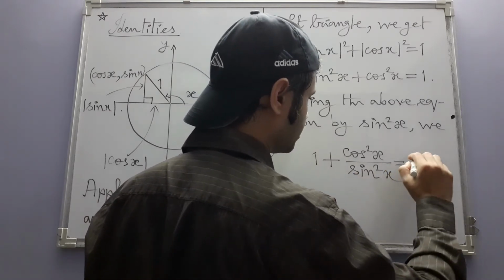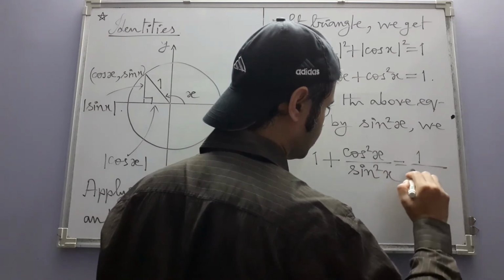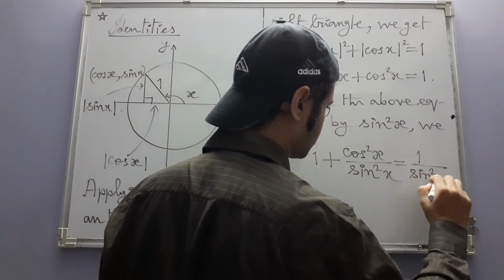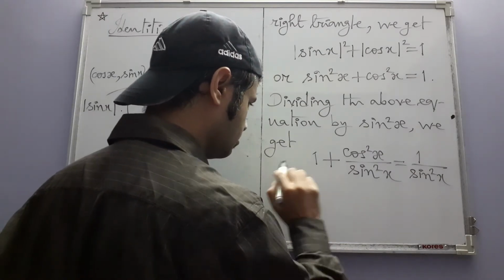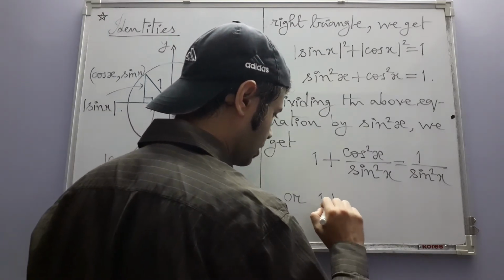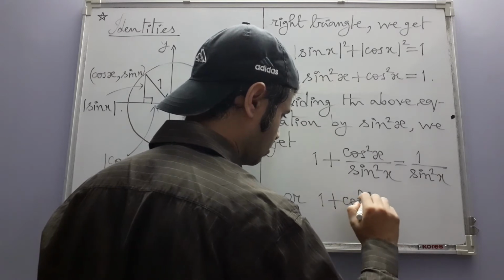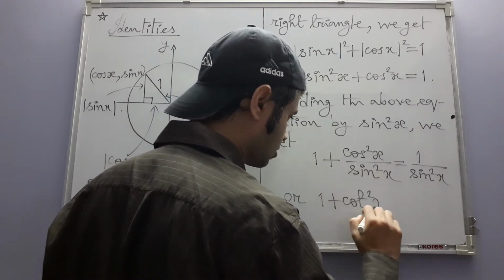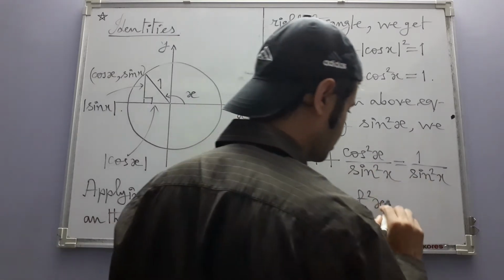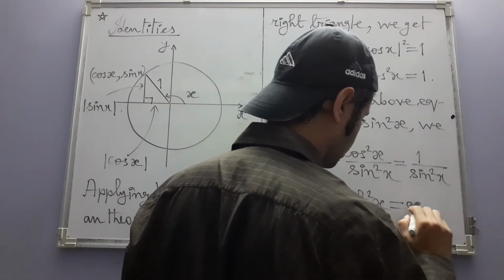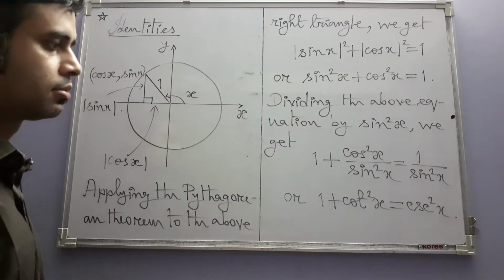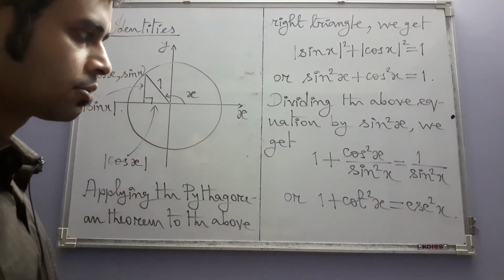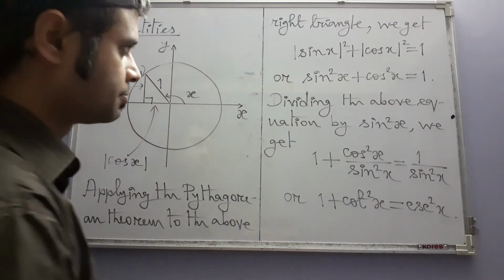On the right side we will have this, or 1 plus cot squared x, because this is cot squared x and this one is cosecant squared x, equals cosecant squared x, which relates cotangent and cosecant.